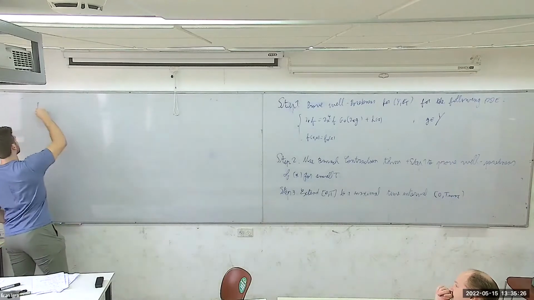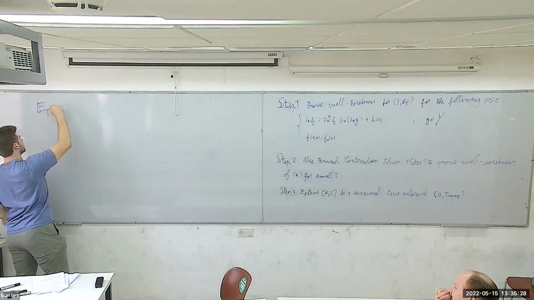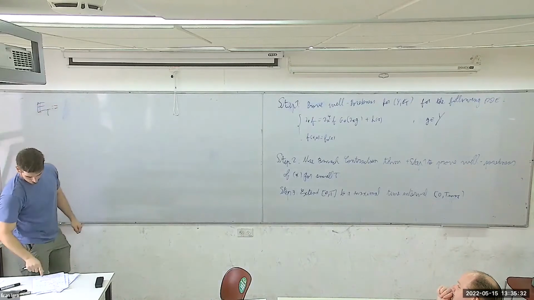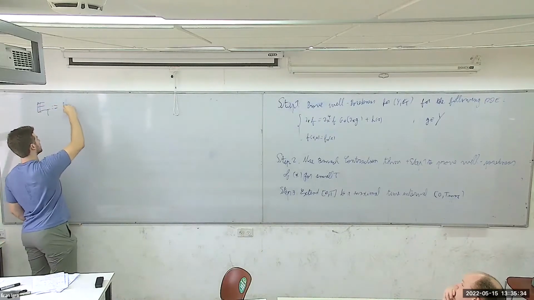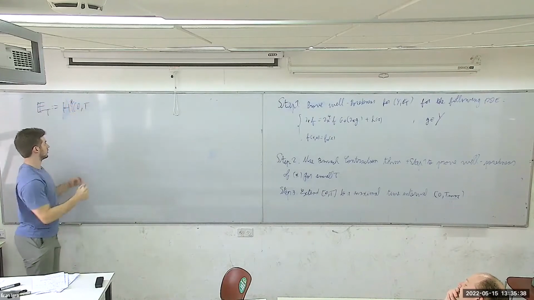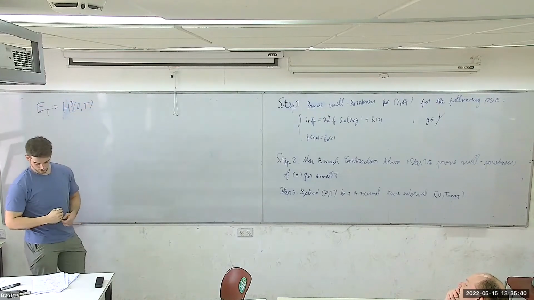So the spaces will be H1 of (0,T), L2 of R. So there's the first derivative. So in time, it's only one derivative.